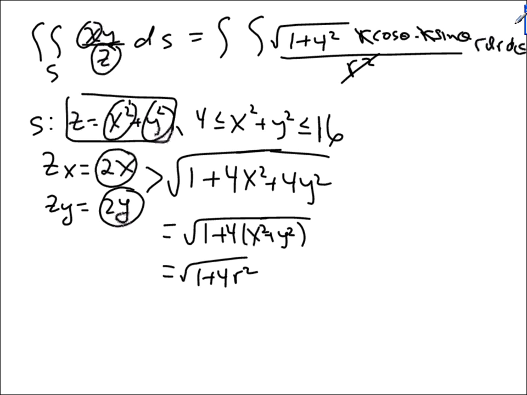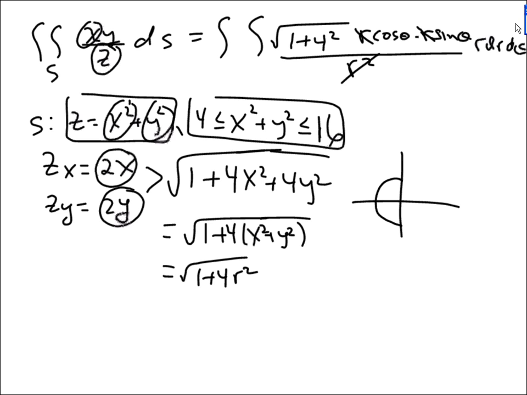What does r go from? Well, it's a circle. It's bigger. It's outside of x squared plus y squared is equal to 4. It's outside of that. But x squared plus y squared is less than or equal to 16. So it's inside this circle.